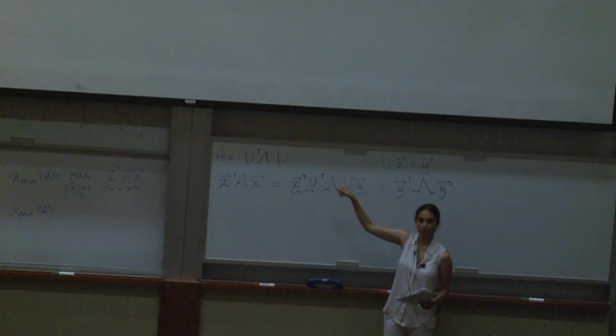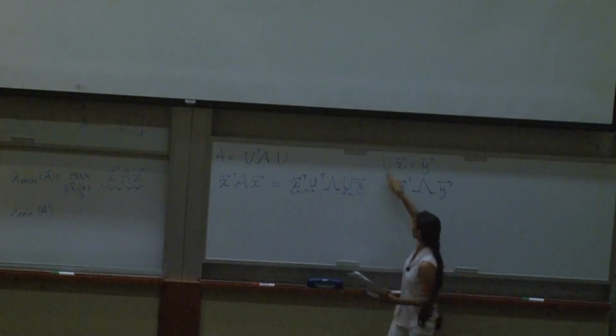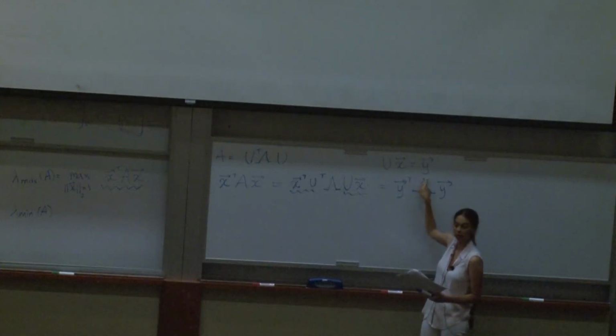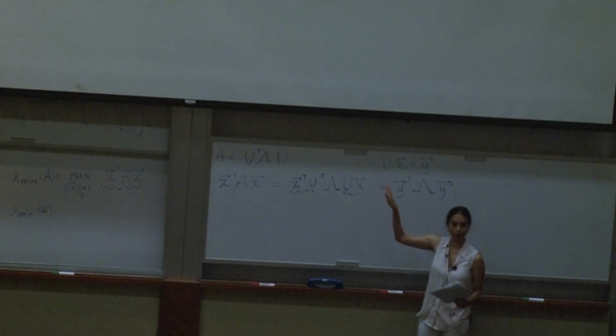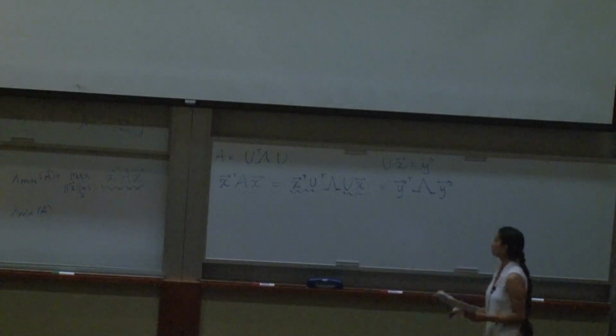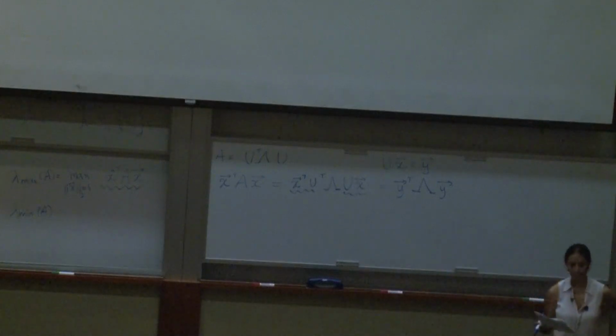All that would change is you would write U transpose X equal to Y. Nothing would change, right? Y would still be a unit vector, still orthonormal. It would make absolutely no difference to the proof. Does everyone see that? Okay, good. So let's stick to the way we have it right now.